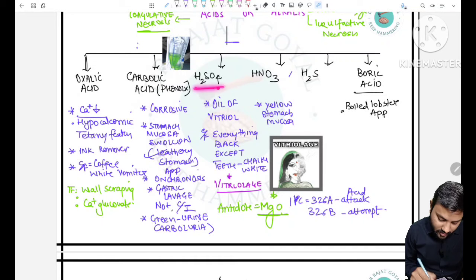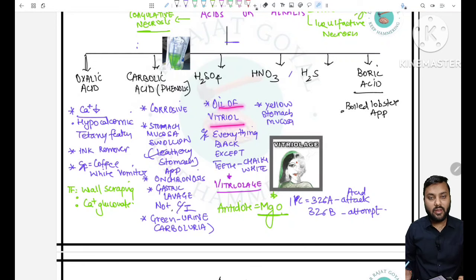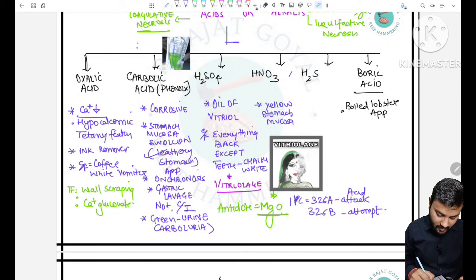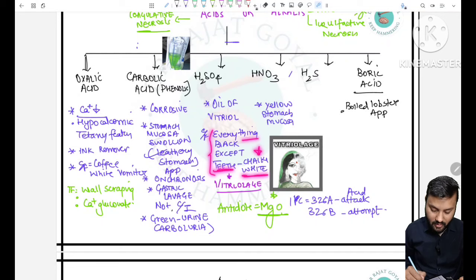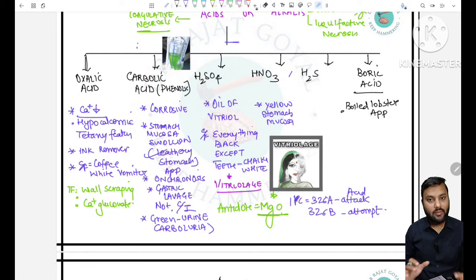Now we talk about H2SO4. H2SO4 is also called oil of vitriol, and it is a very strong, the strongest, poison. The clinical feature is that it will turn everything black except the teeth, which will be chalky white. So in the case of H2SO4, everything will become black, from the gut and esophagus, stomach, mouth, oral cavity, but only the teeth will be chalky white.